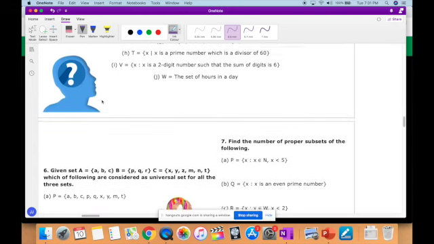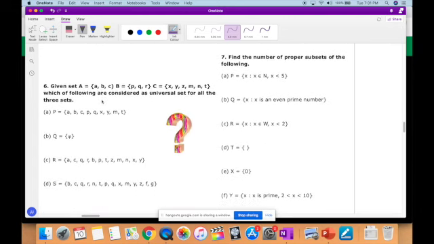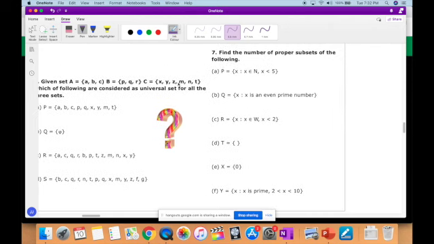So yes. Then here what we have, they give you sets A, B, and C. Which of the following are considered as universal set for all of the 3 sets? So they give you 3 sets, and they want to know which one of these could be the universal set for all of these here. Right? Then find the number of proper subsets of the following.